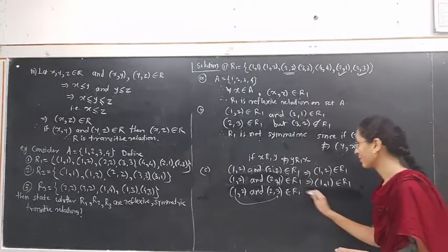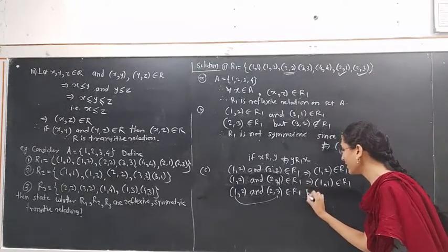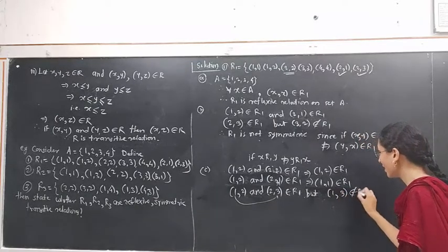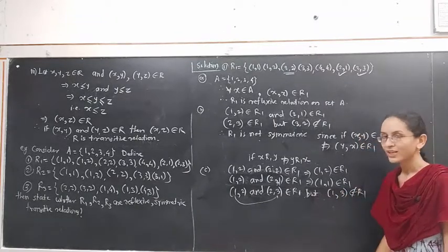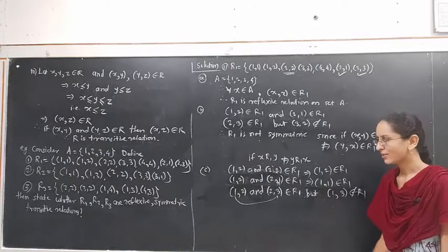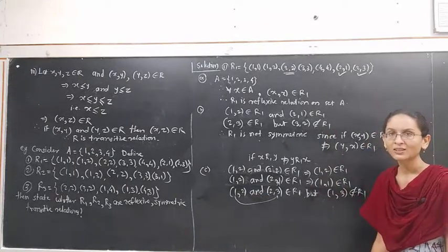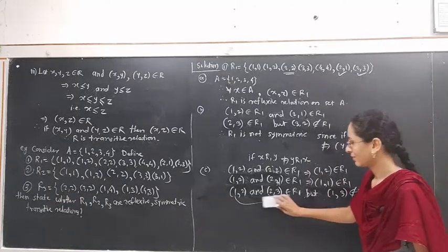That is, but (1, 3) does not belong to R1. Therefore, the definition of transitive relation fails for these two ordered pairs. Hence, the whole relation R1 is not a transitive relation.